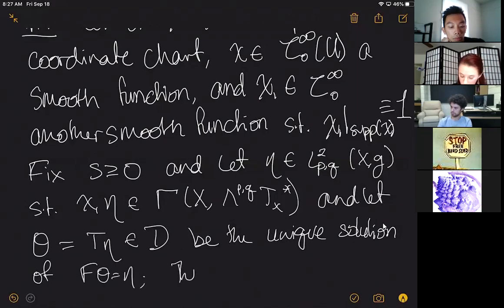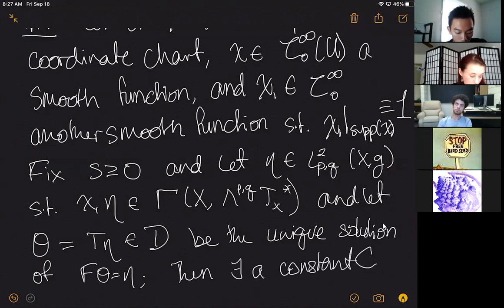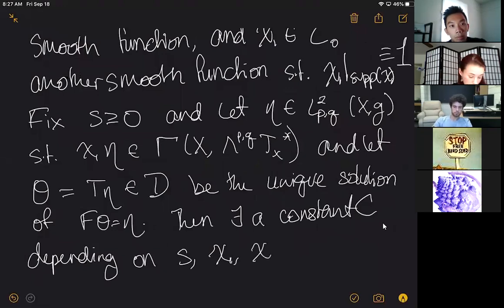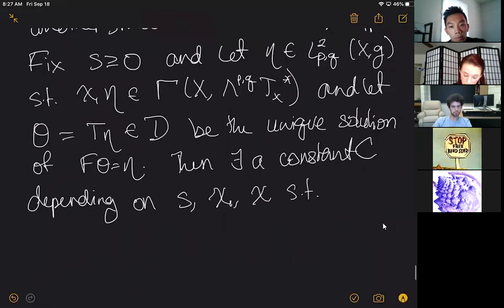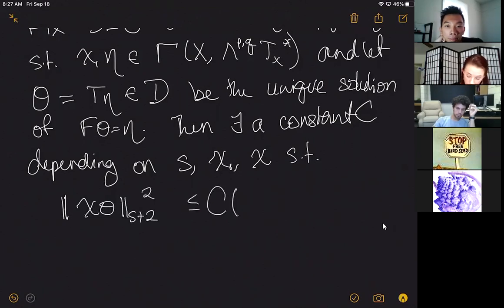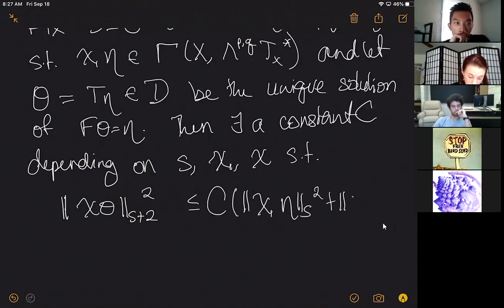Then there exists a constant C depending on s, chi1, and chi, such that, and bear with me for a second, okay.